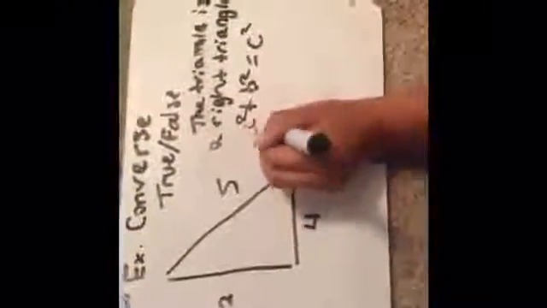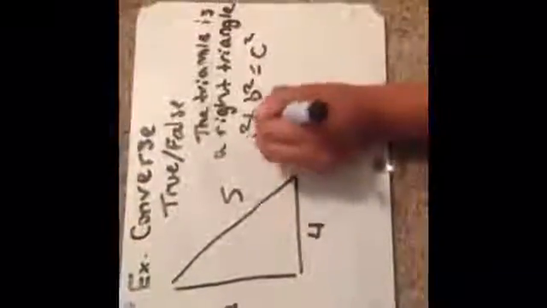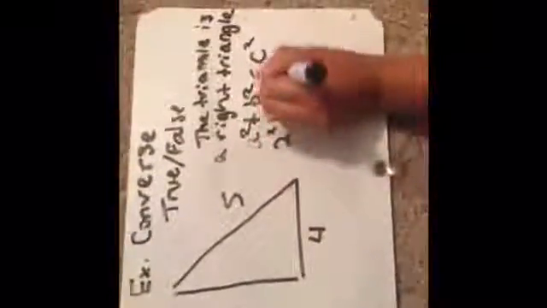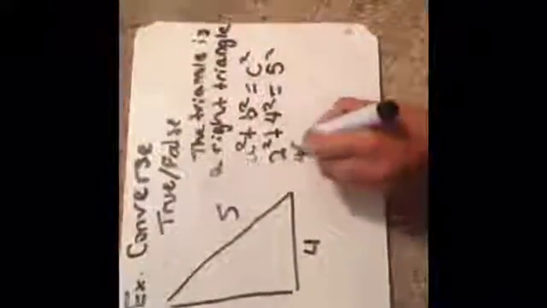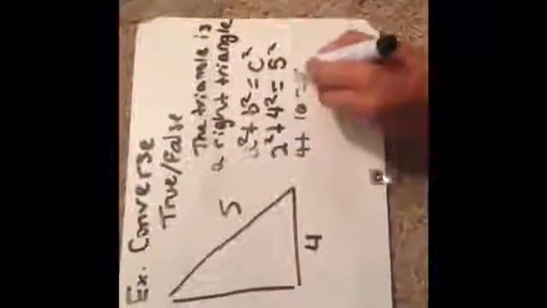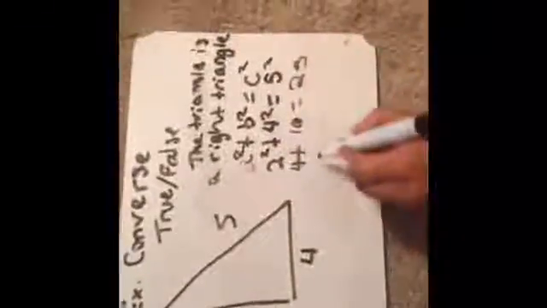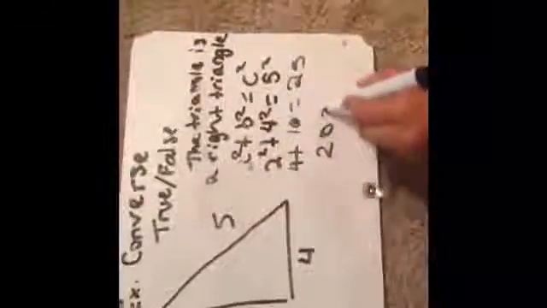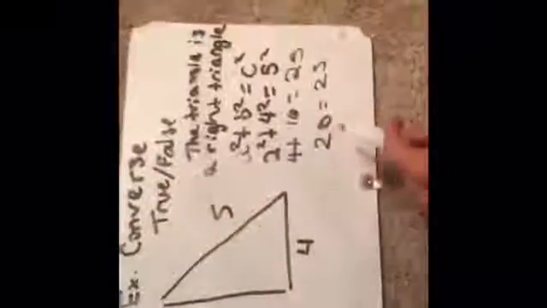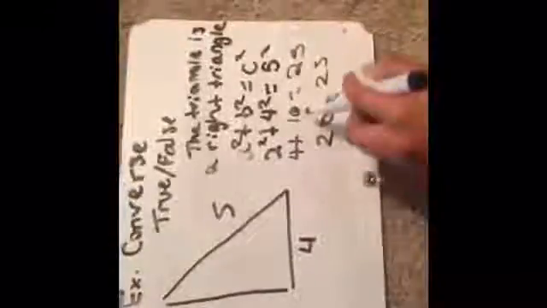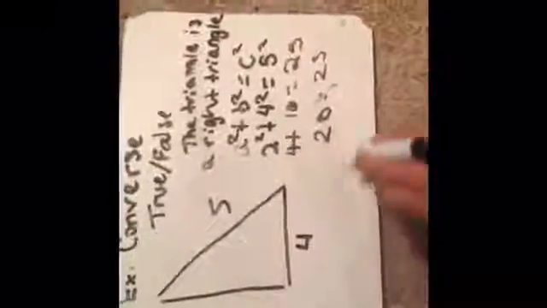So 2 squared plus 4 squared equals 5 squared. If you simplify it, 4 plus 16 equals 25. If you simplify it even further, it would be 20 equals 25. We can see that 20 does not equal 25, so this statement would be false.